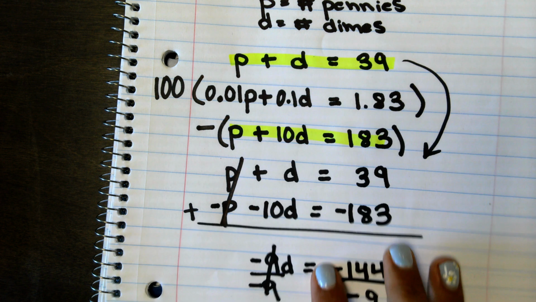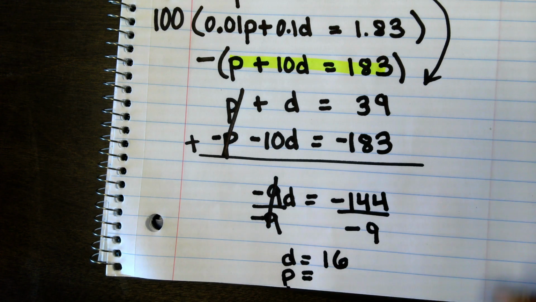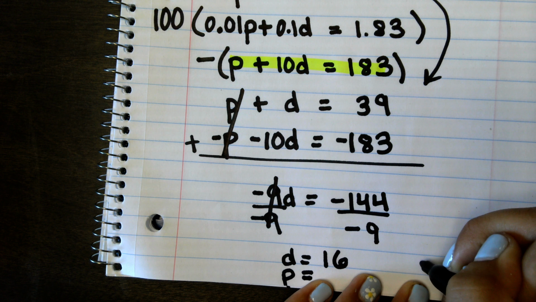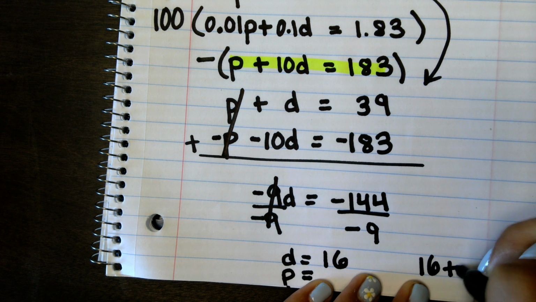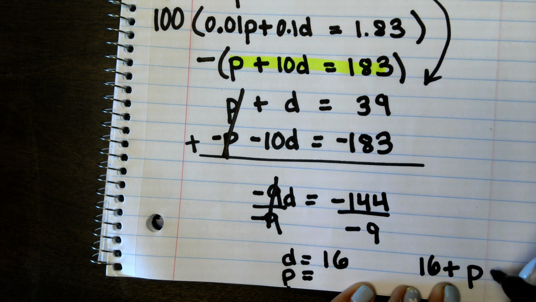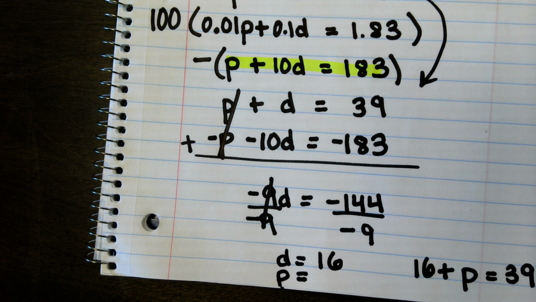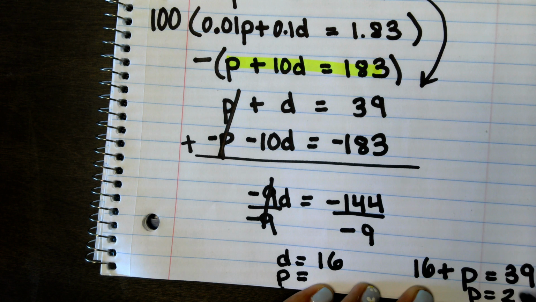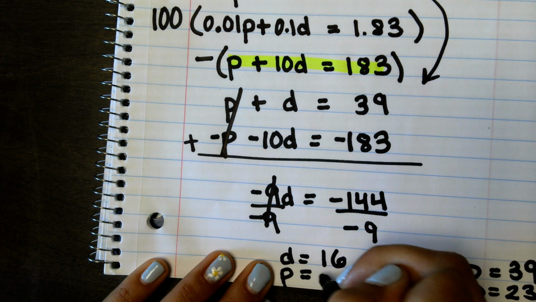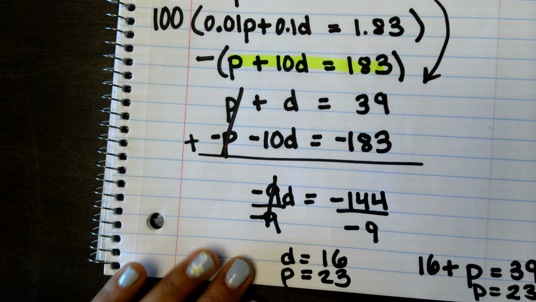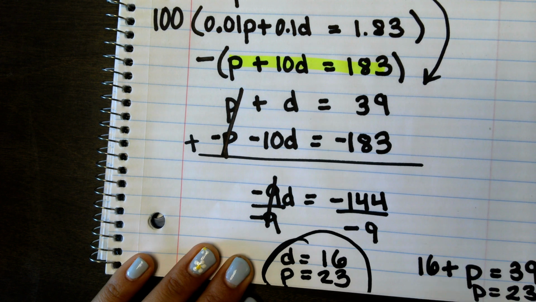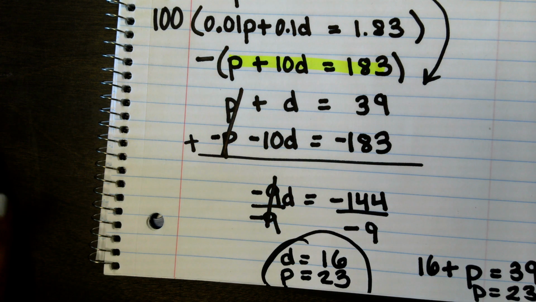Okay, so let's see. 16 plus the number of pennies is 39. What would that have to be? You're probably saying, oh, we got to subtract 16 from 39, and that would be correct. So P would be equal to 23 pennies. So in this situation, there are 16 dimes and 23 pennies.